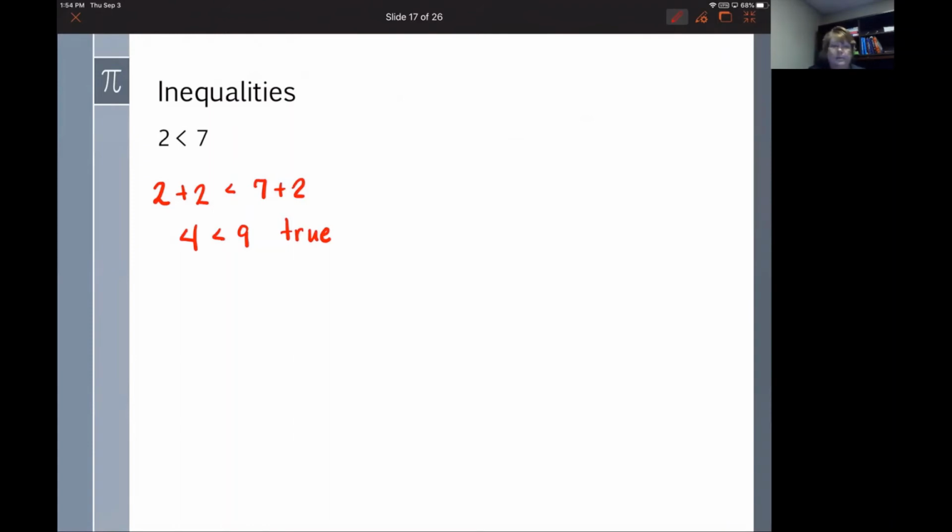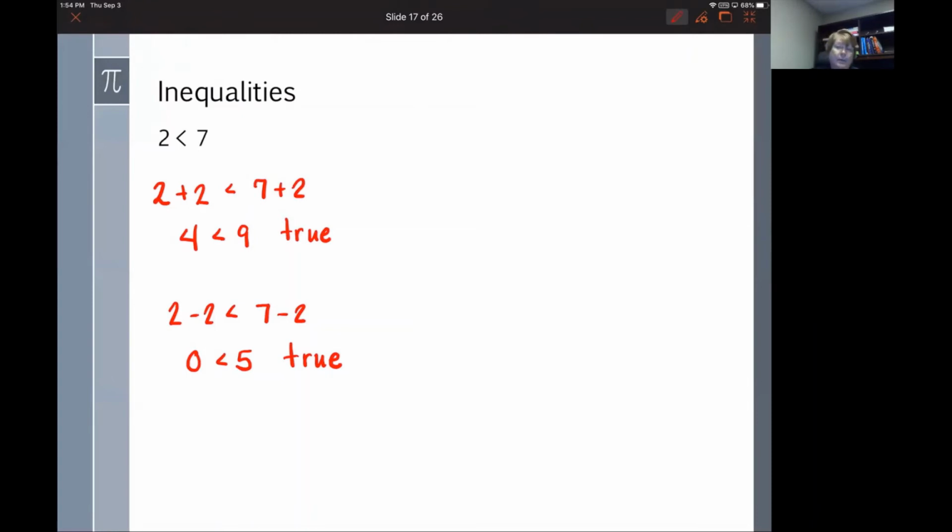What if I subtract? Let's subtract 2. That's true. 0 is less than 5. So as a matter of fact, I can add or subtract anything I want from both sides of an inequality, and it remains true. Anything. Absolutely anything.